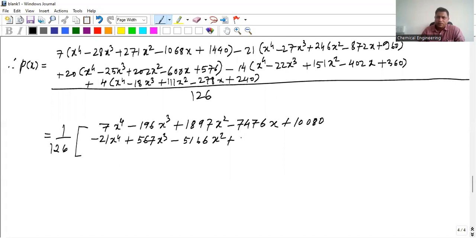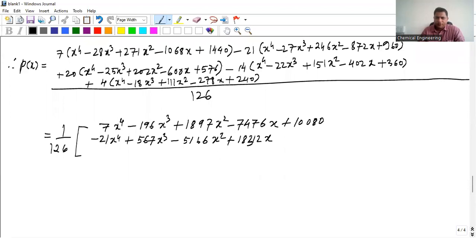Then you'll be having plus, how much x you will be having here? 18312x. Is it 212 or 312? 312.